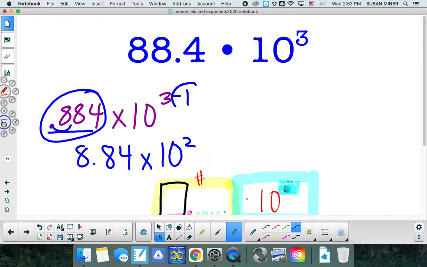And so when I change my scientific notation, I have to subtract an exponent because this number gets a negative exponent.